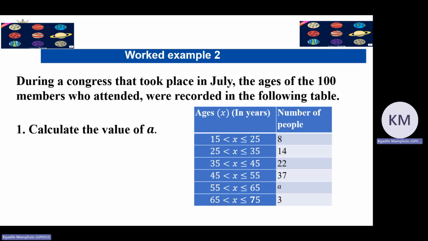What you do, you say, okay, when you add the numbers, they must give you 100, because the total number of members who attended was given as 100. So to get A, you say A is 100 minus the scores in the other rows, then you'll get the value of A.